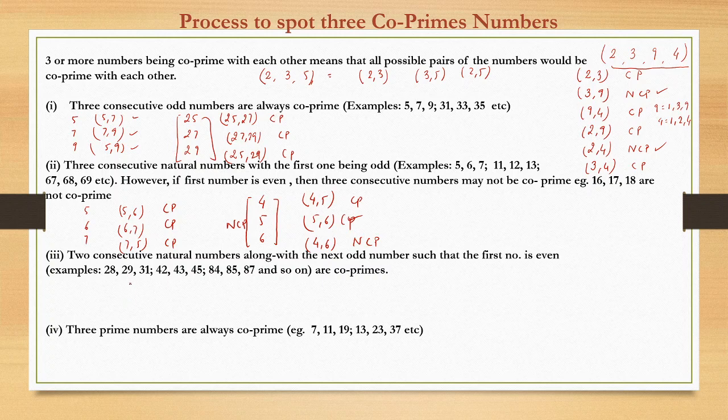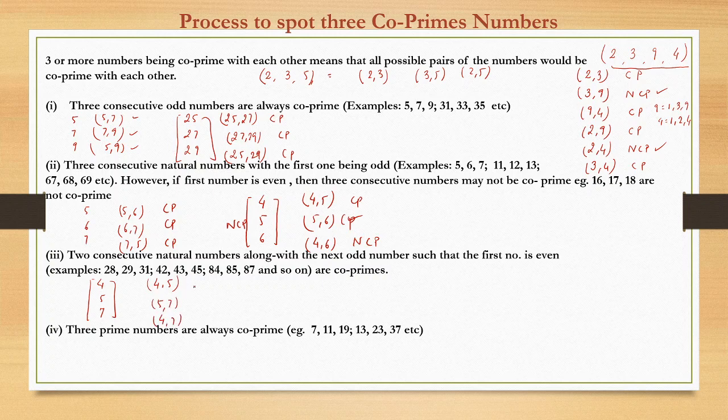Now two consecutive natural numbers which start with an even number, and then the next odd number. What is meant here? Suppose we take 4, it starts with an even number, and two consecutive natural numbers, so 4 and 5, and now the next odd number, so 7. This triplet is going to be co-prime. We can check 4 comma 5, then 5 comma 7, then 4 comma 7.